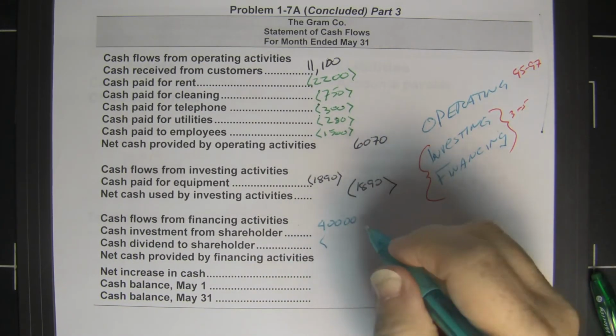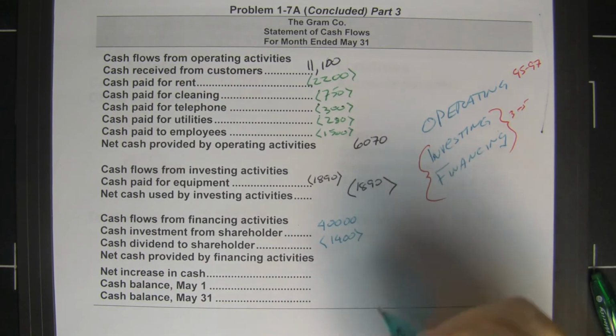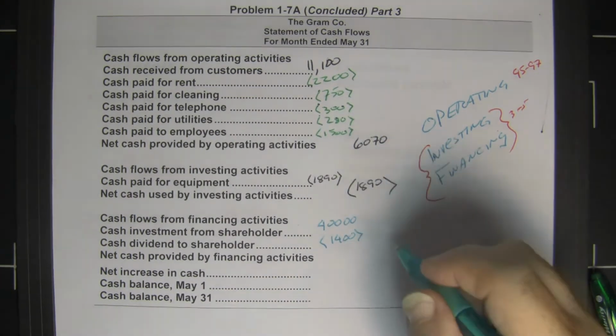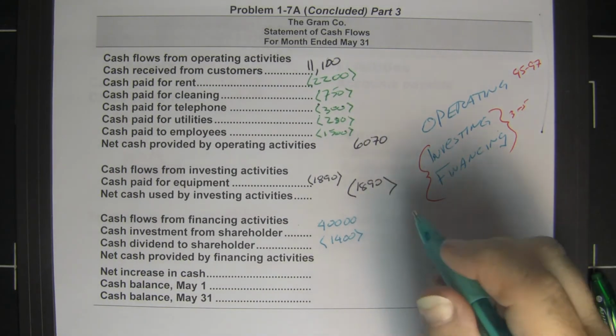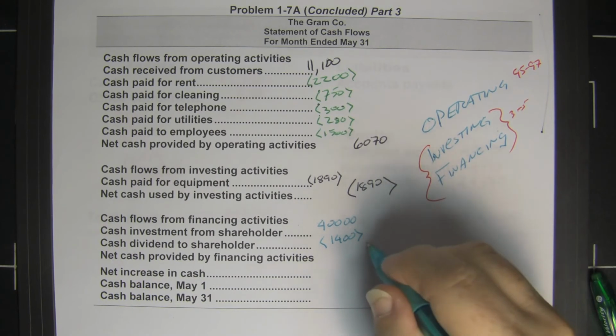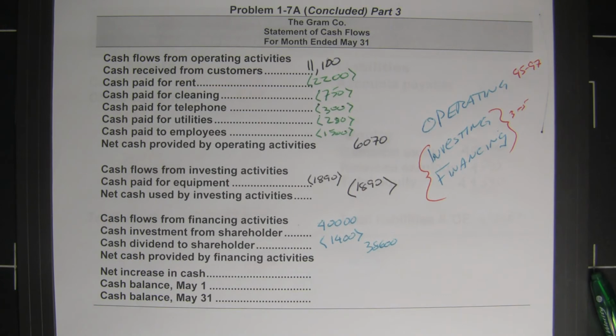We paid him $1,400. So altogether, our total cash from financing activities was $38,600.